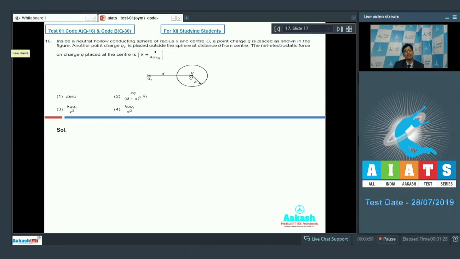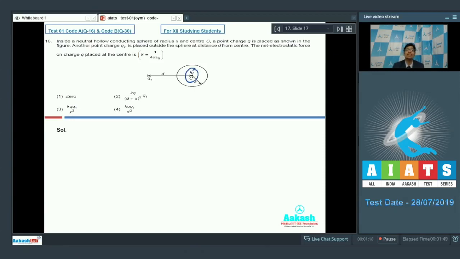Now dear students, we know that for a conductor in electrostatic condition, the net electric field due to the induced charges on the conductor and the charges outside the conductor is zero inside the conductor. Therefore, the net electric field inside the conductor would be zero.